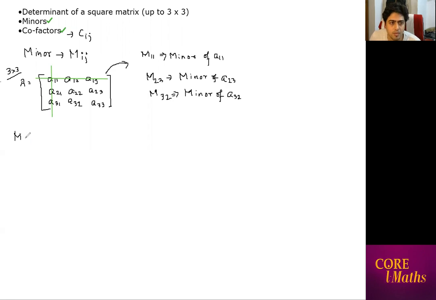For M11, leave this column and this row. So what are the remaining elements? The left elements are these: the determinant of A22, A23, A32, A33, right?